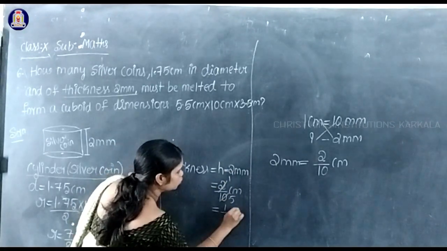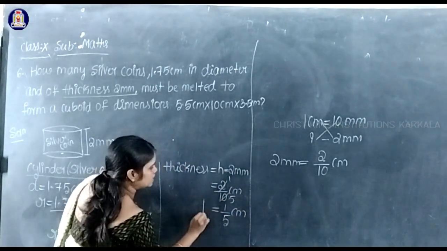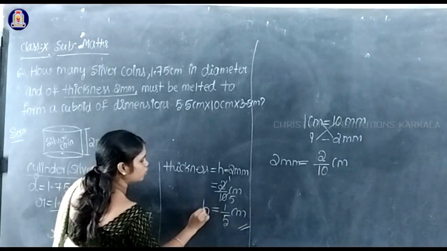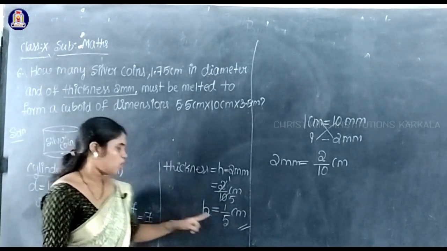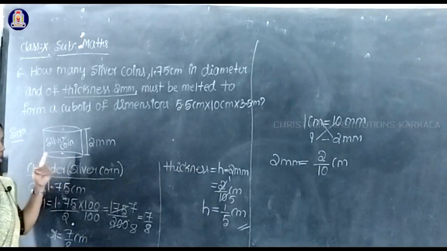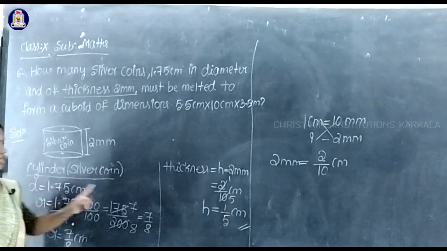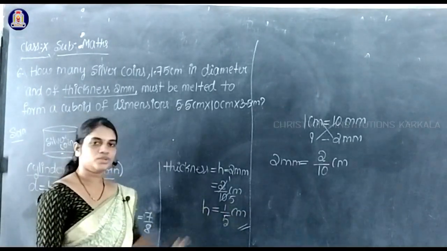So this is equal to 1 by 5 centimeter. So therefore, what is the height of the cylinder? That is about 1 by 5 centimeter.